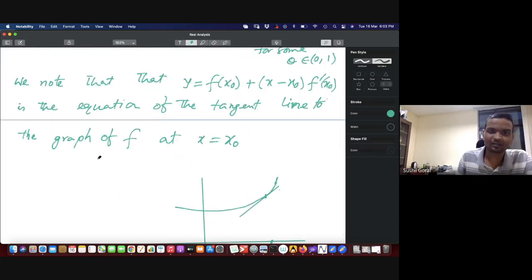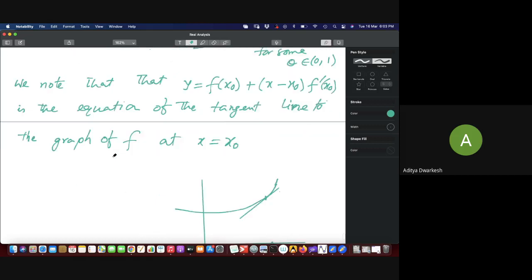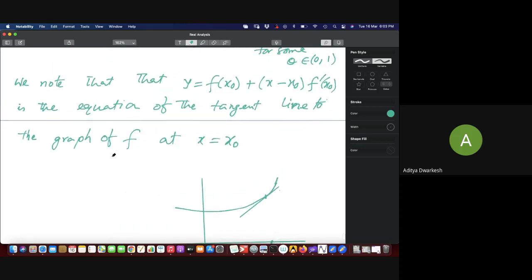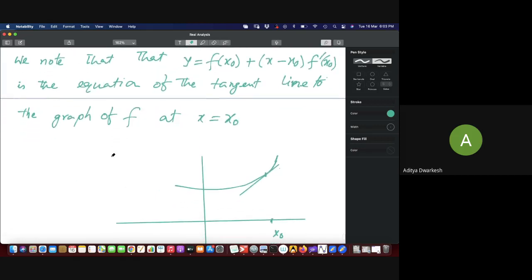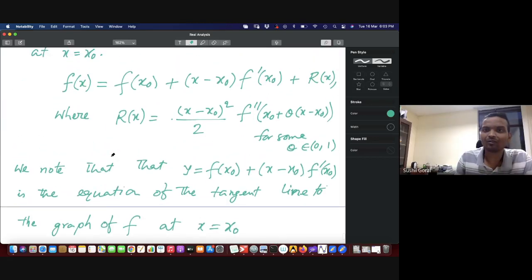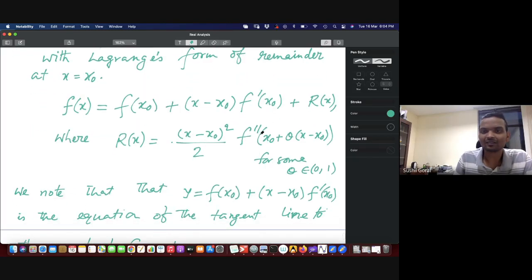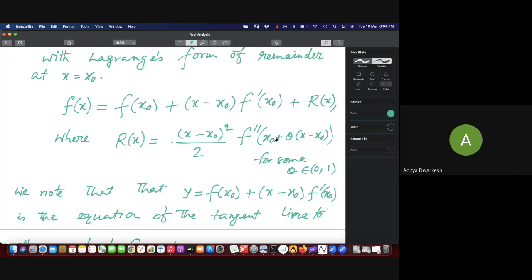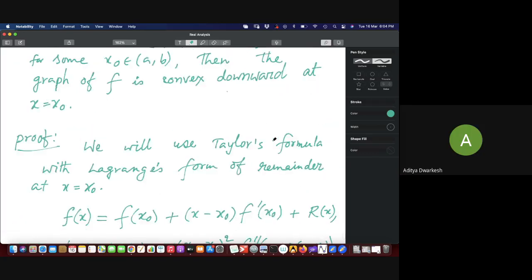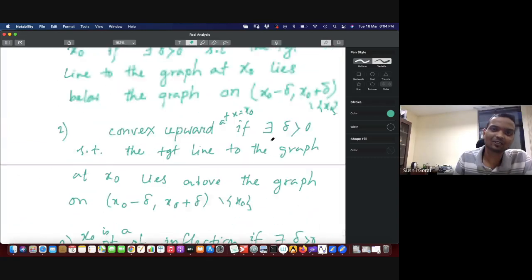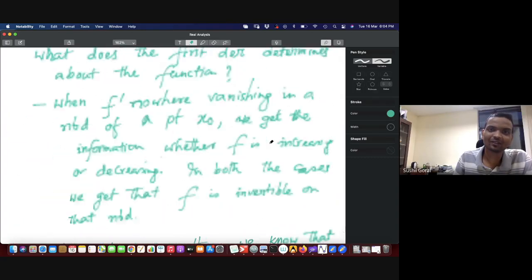But now we'll see. So there should be a 1 minus theta as well, right, in the remainder term? Oh no, here this is fine, right? We are looking at Lagrange's form of remainder, right? This is f double prime c. Wasn't there a 1 minus theta as well, multiplied with the...? No, that was in Cauchy's form of remainder. Let's look again.